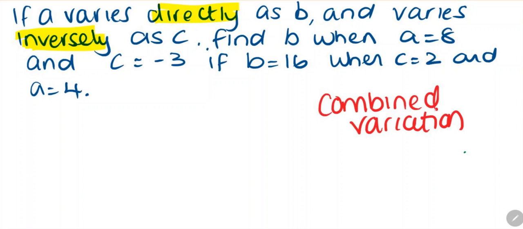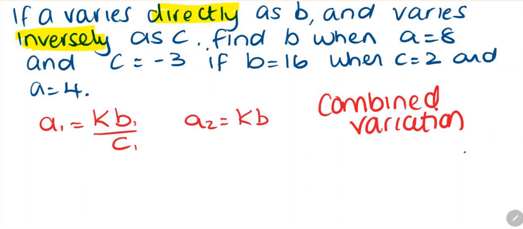First of all, we're going to set up our equations. We'll say that a varies, using a constant of k, directly as b and inversely as c. So this is b1 and c1, and the same is going to apply for the second, so a2 is k, b2 and c2.